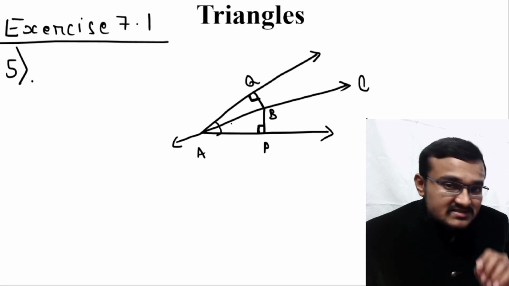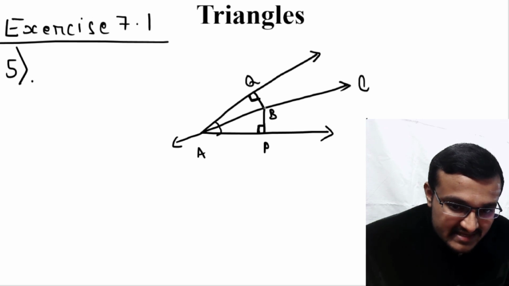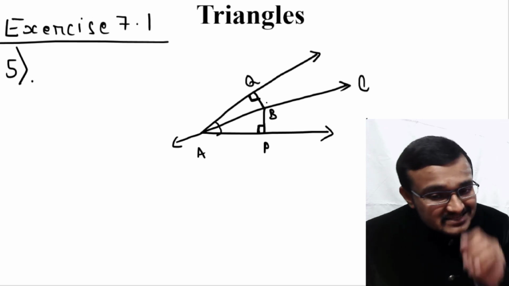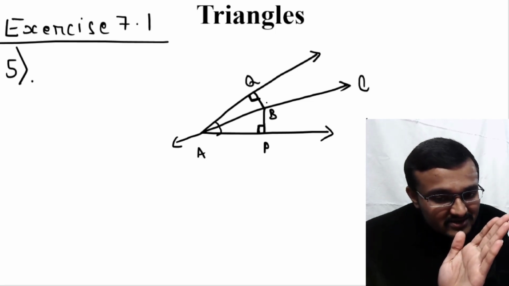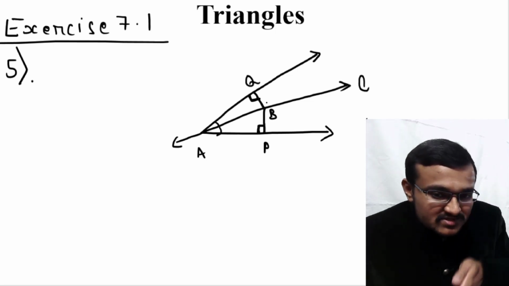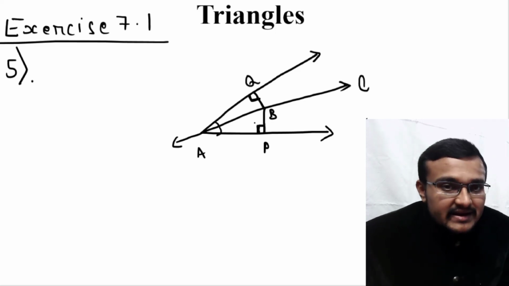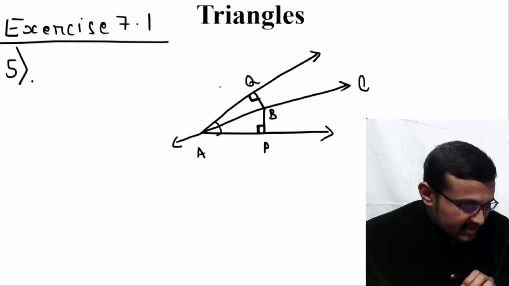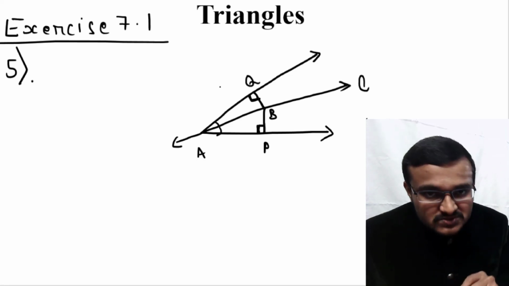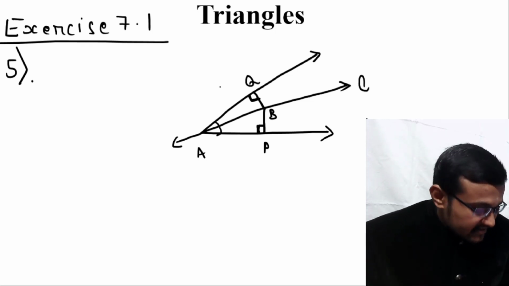Now B is any point on L, in such a way that from B to the first ray they have drawn one perpendicular line, and from B to the second ray they have drawn one more perpendicular line. So this angle will be 90 degrees and this angle will be 90 degrees. So BQ is perpendicular and BP is also perpendicular to the down ray.